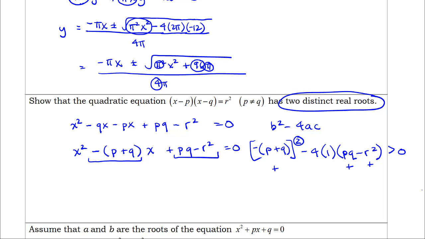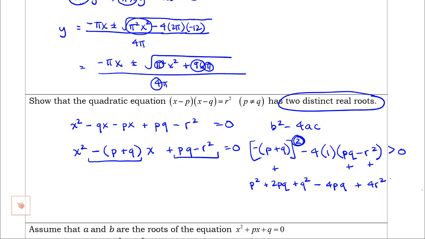Okay, let me see if this gets us anywhere. If I actually square this, do you see p squared coming? Do you see 2pq coming? Do you see q squared coming? And then if I multiply this out, do you see negative 4pq plus 4r squared? Is that right?